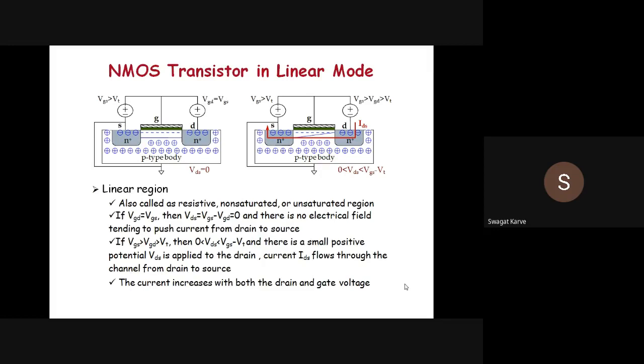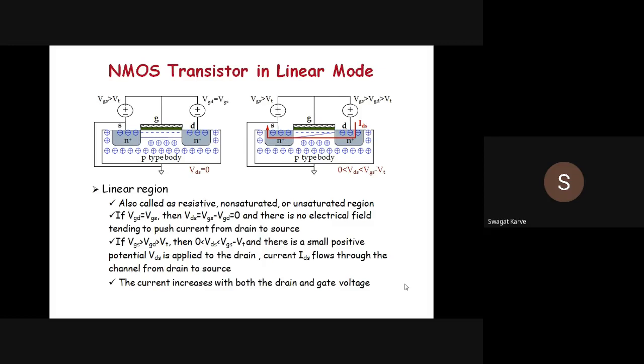Getting it? So remember, for a MOSFET to operate in a linear mode, you have to satisfy two conditions. If you want drain current to flow, if you want the channel to be formed, that means the MOSFET is operating in linear mode, then you have to satisfy two conditions. Which are those?